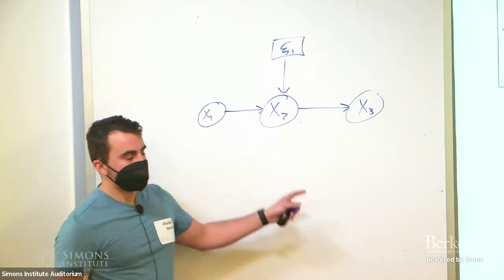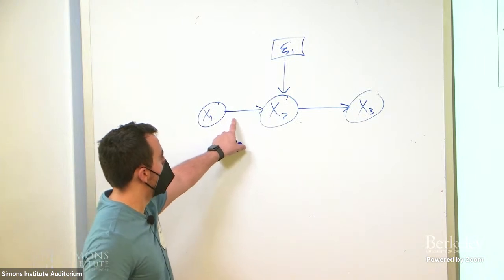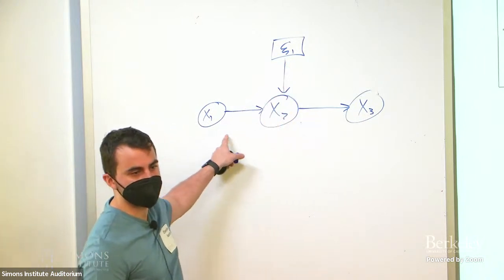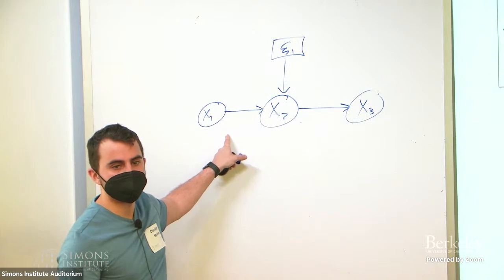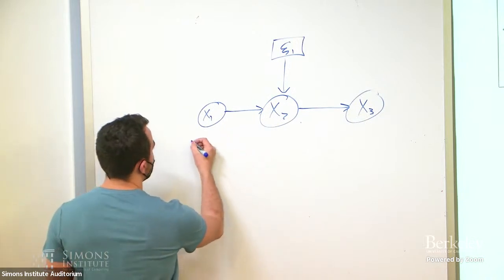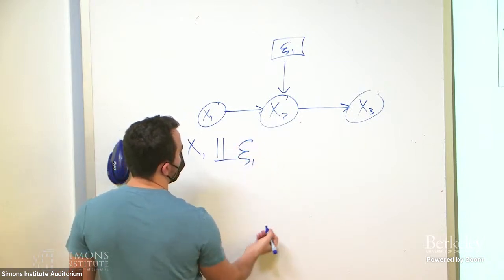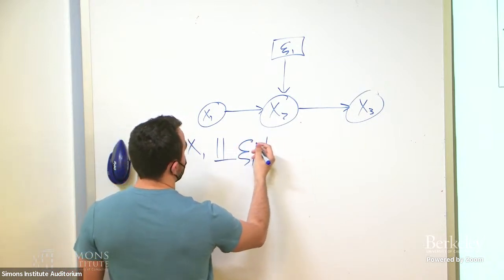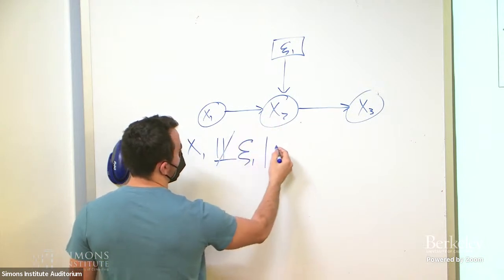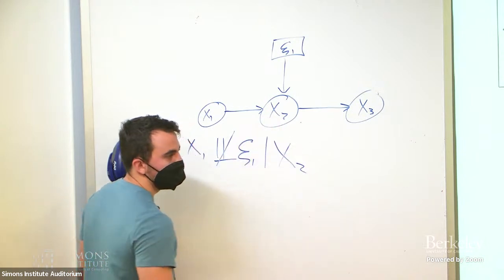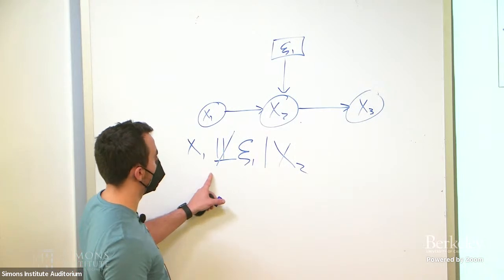Right, so we introduce a V structure between these two variables here. If you think about this in terms of conditional independence, this is saying x1 is independent of zeta 1, but is not independent of zeta 1 given x2.